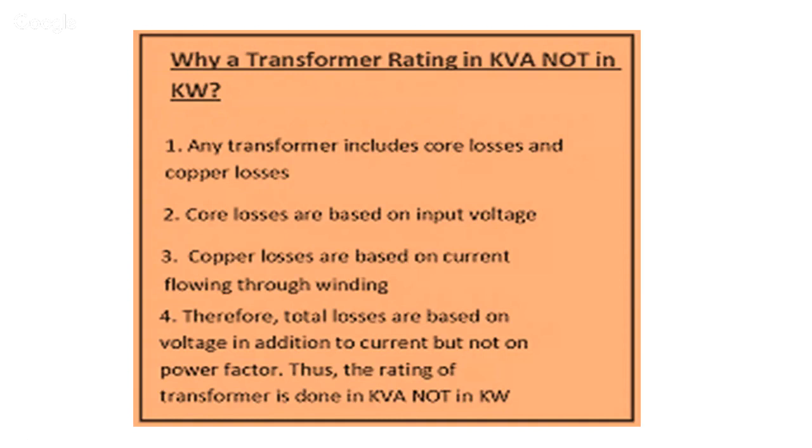But in the transformers, the cos phi factor is not present because it is not consuming any power. It is not being used as a load to consume power, so we do not know the power factor. Only the voltage and the current are present, and the product of that is taken as the rating. Thus, the rating of the transformer is given in kilovolt amperes and not in kilowatts.